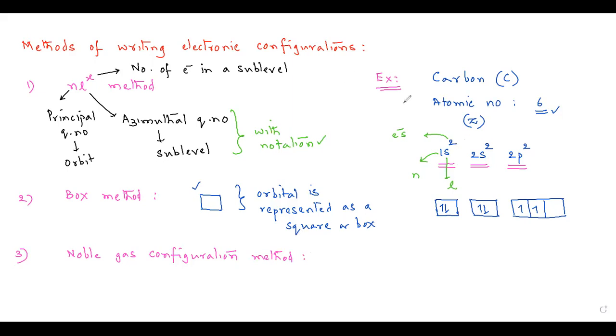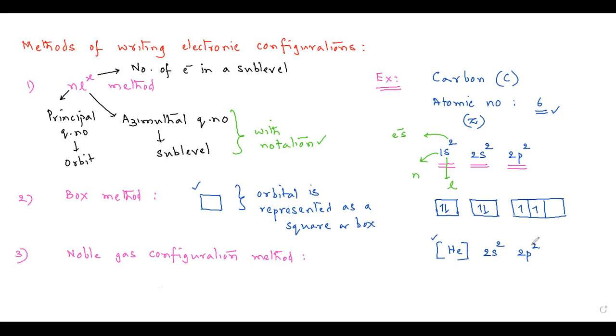This 1s2 is in fact the electronic configuration of the noble gas that comes before carbon. We'll go through the periodic table later, but for now, instead of writing this 1s2, you can write the symbol of helium in square brackets. So you can avoid writing 1s2 by simply writing helium, which refers to that 1s2 configuration. Now go for the remaining configuration as it is.